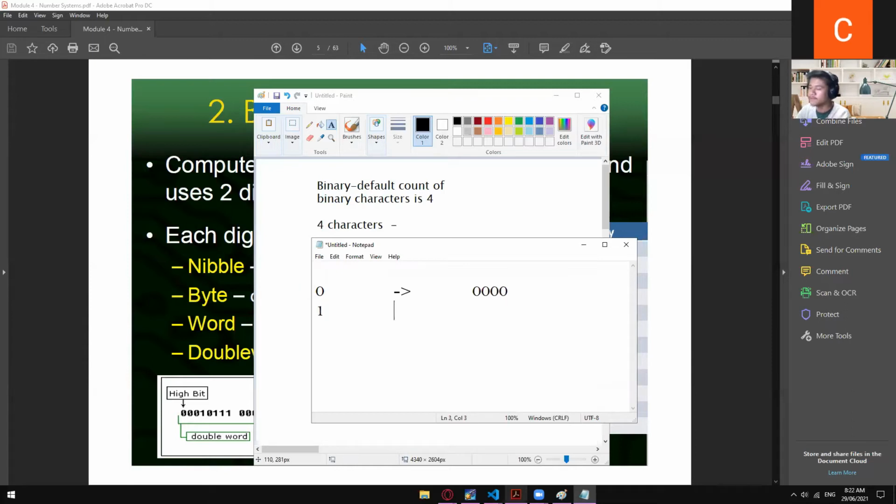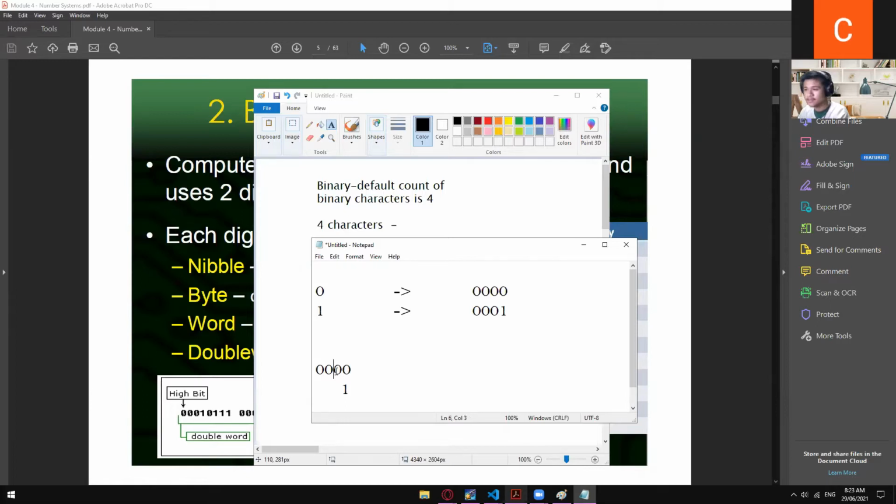Okay, and for 1, it's represented by 0001. So how did this happen? If you are going to dissect every character of a binary number, starting from the lowest bit, this 1 is represented by the number 1.